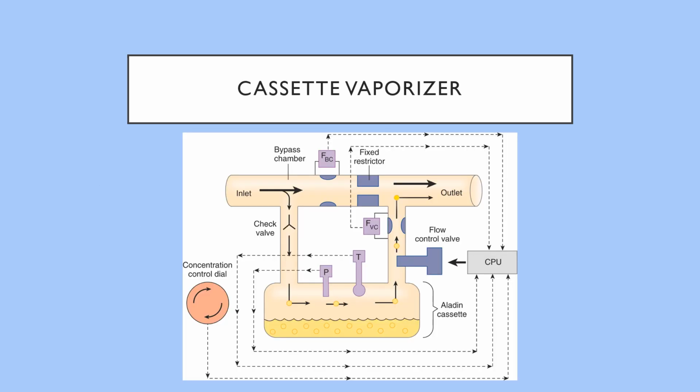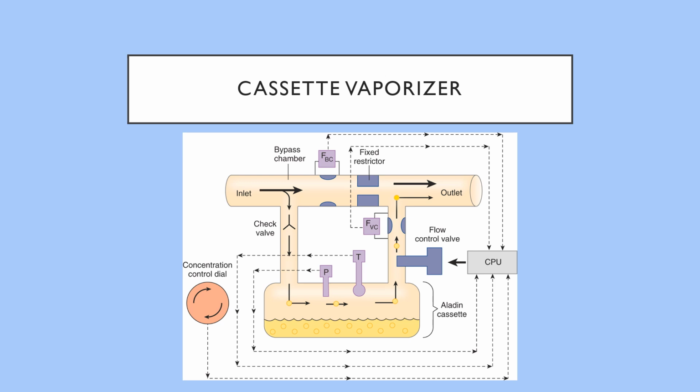The Cassette vaporizer operates like an electronic, computer-controlled variable bypass vaporizer. There's an internal control unit that's housed within the anesthesia workstation, and this interacts with interchangeable cassettes that are color-coded and magnetically coded to each individual agent.